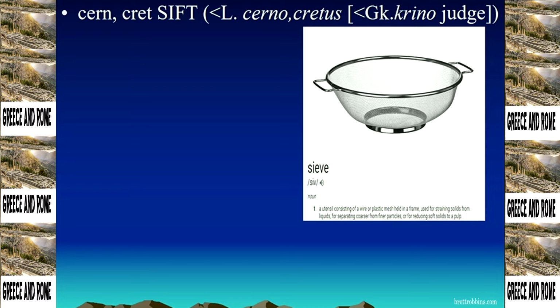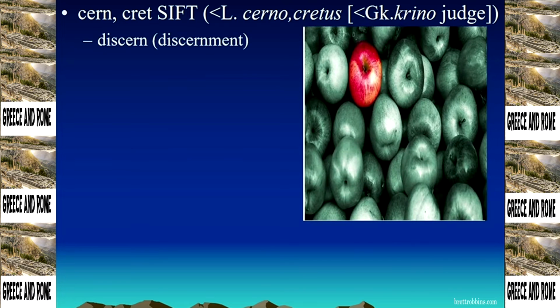Okay, so krino means to judge. So you get words like critical directly from the Greek. So let's take a look here. When you discern one thing from a group of other things, when you exhibit discernment, the state of discerning, what are you doing?